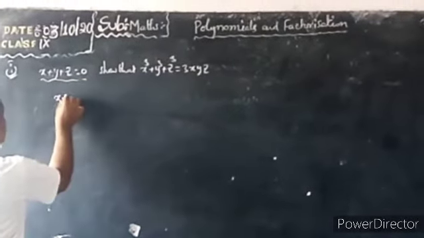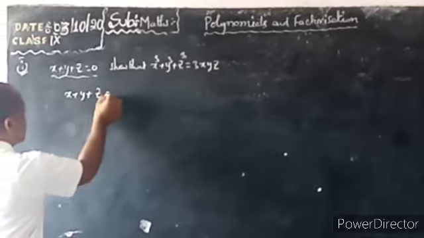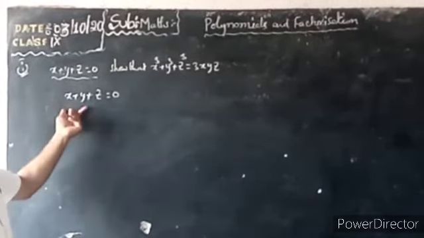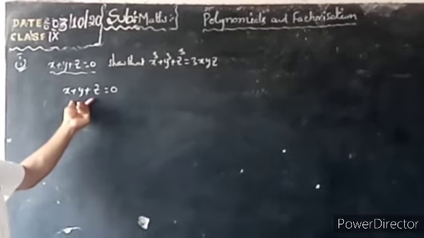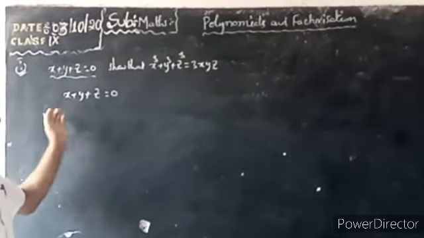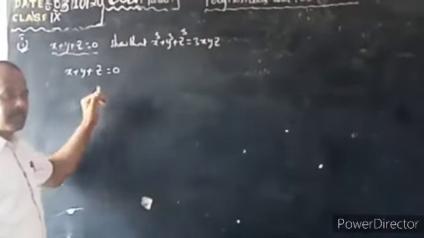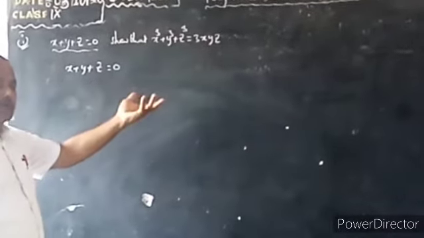First we take x plus y plus z is equal to 0. Here we have three variables, and any one of the variables can be transposed to the right side: x, y or z. As you wish.